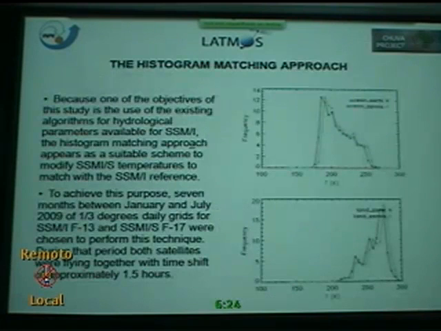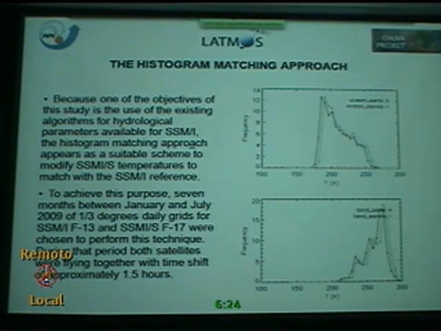this is needed because both algorithms were developed for SSMI, and we now have SSMIS. We don't have any SSMI sensor flying right now, just F15, and it's not of very good quality. As we can see here, if we plot the antenna temperature, over ocean and over land the histograms differ because we have different frequencies.